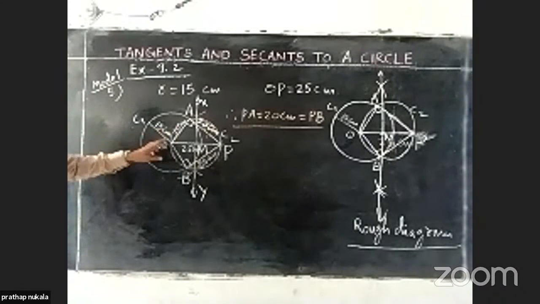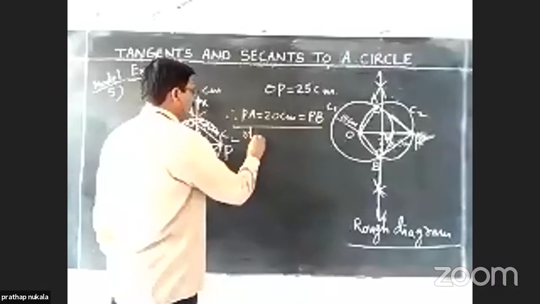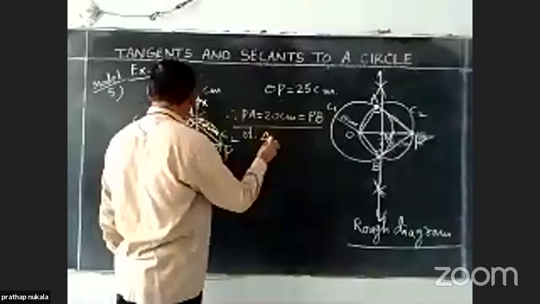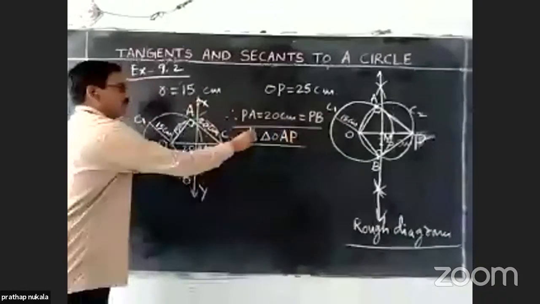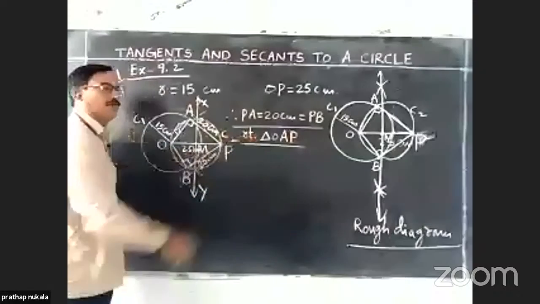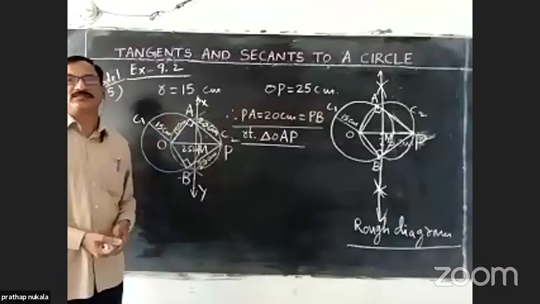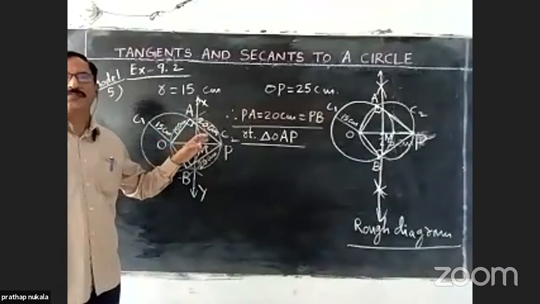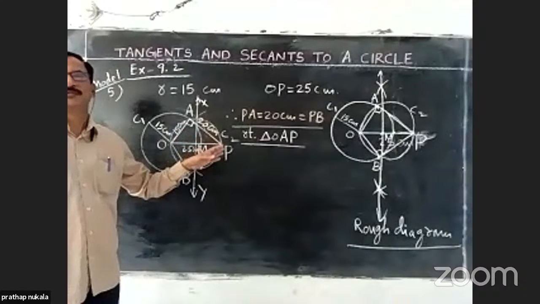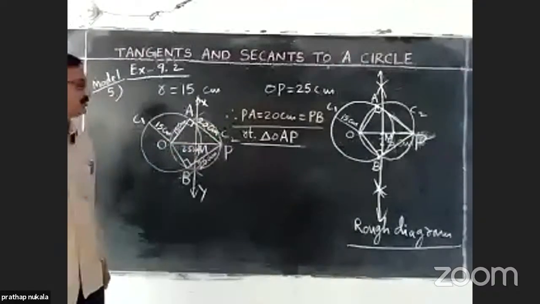Now taking right triangle OAP. Consider right triangle OAP. In any right triangle, what does the Pythagoras theorem say? The square of the hypotenuse is equal to the sum of the squares of the other two sides.